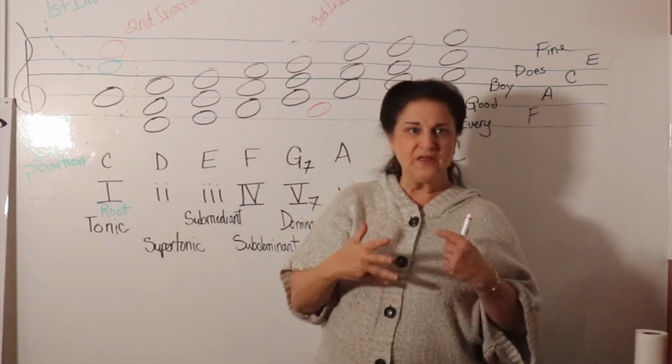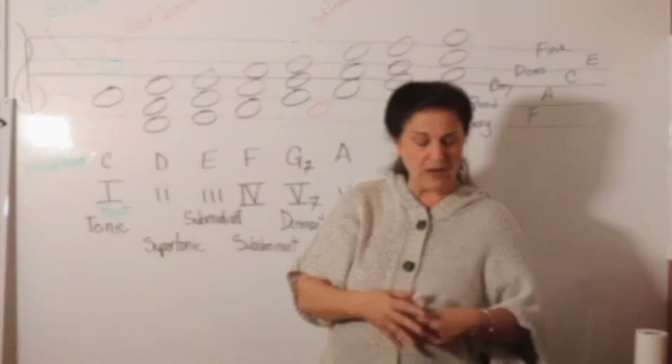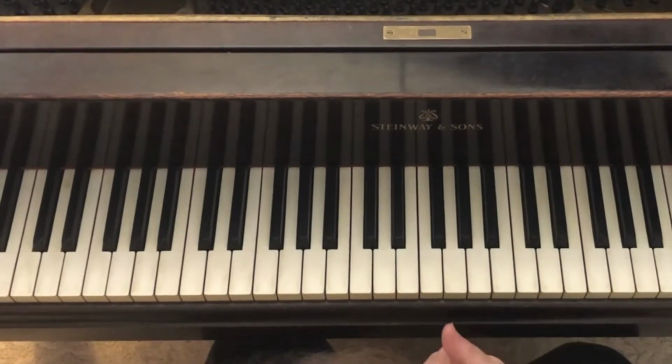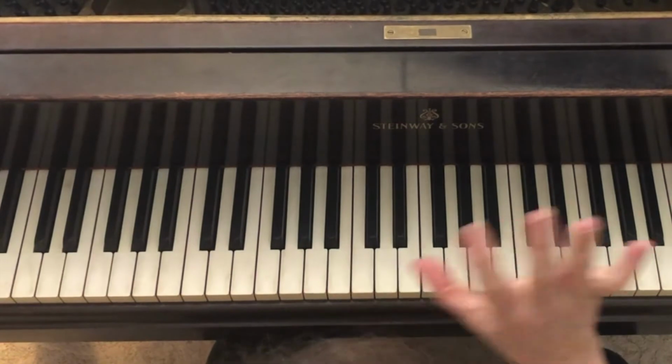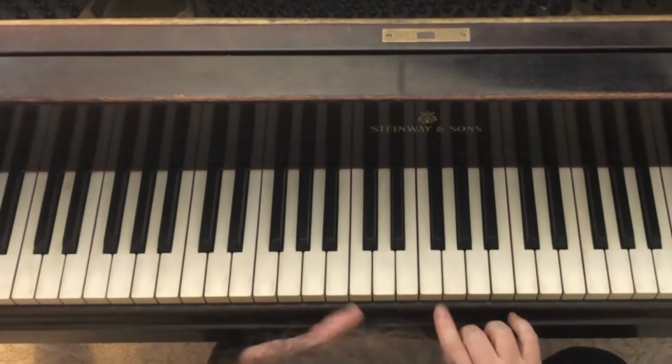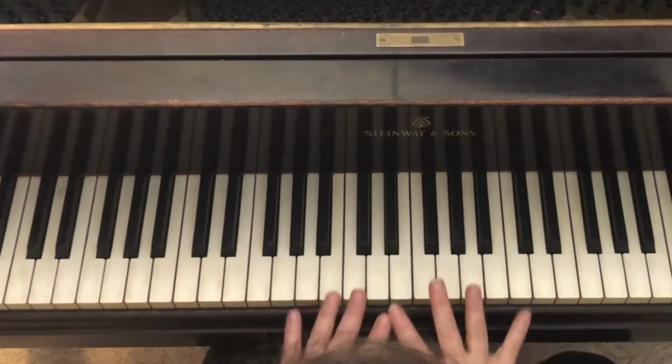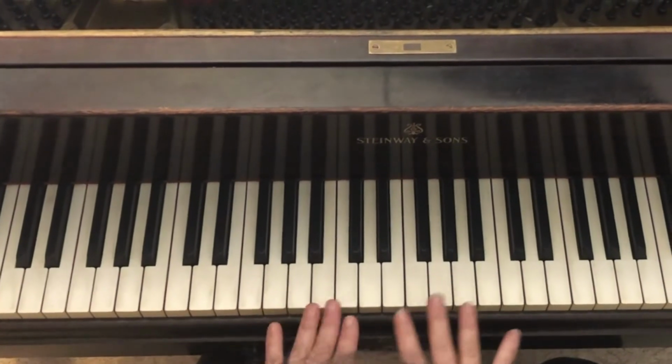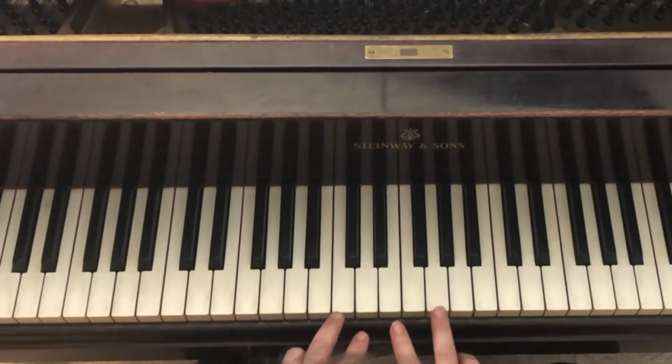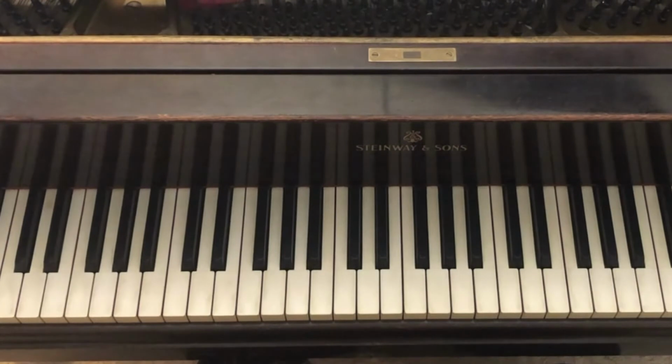And now I'll give you an idea of what they sound like. We saw what inversions looked like on the staff. Now I'm going to show you what they look like and what they sound like and why we may want to use different inversions for the same chord.